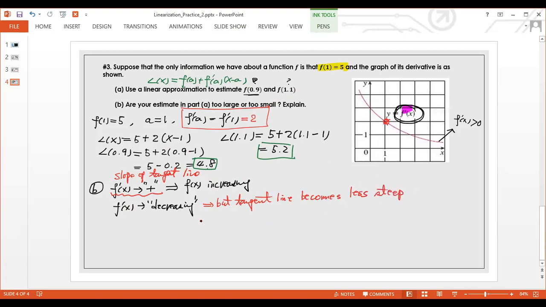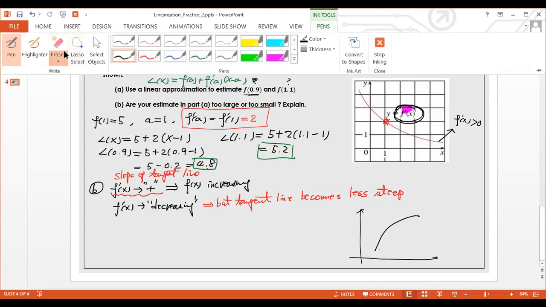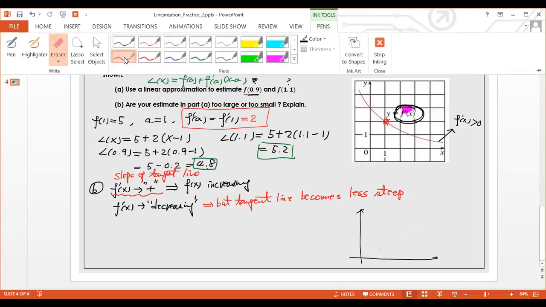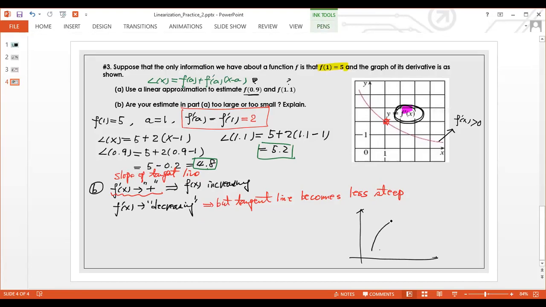I know my f function, when I draw the picture, needs to be careful, so it always needs to be smooth.